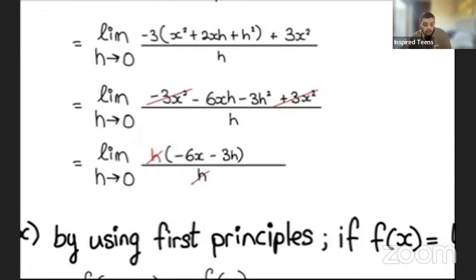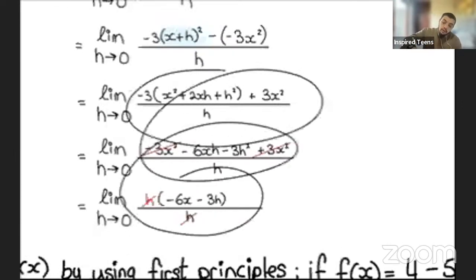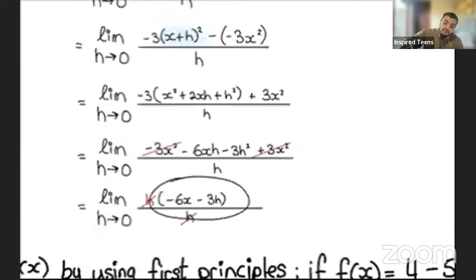Okay, now this is the second last step. In the final step, once you've canceled h, that is when you now substitute h as 0. So you're taking the limit as h approaches 0. The whole time we were just simplifying until we got to the final simplified step.